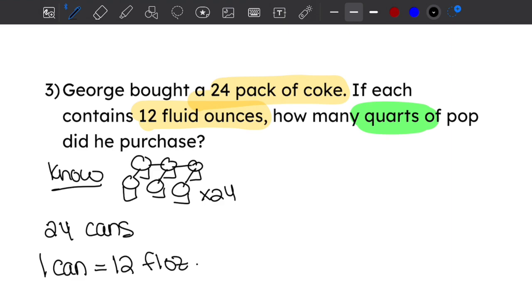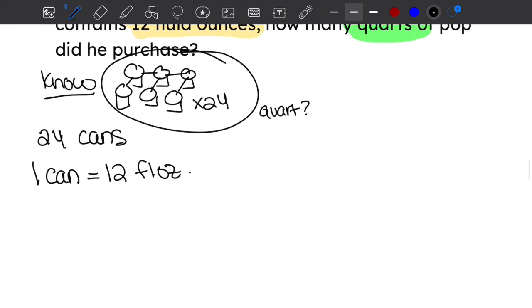So the question is saying, for all 24, how many quarts is that? What we can do is, before we jump into quarts, ask how many fluid ounces is a 24 pack of Coke? Because I know how many fluid ounces are in one can, so how many fluid ounces are in 24 cans? And then once I figure that out, I can convert it to quarts.